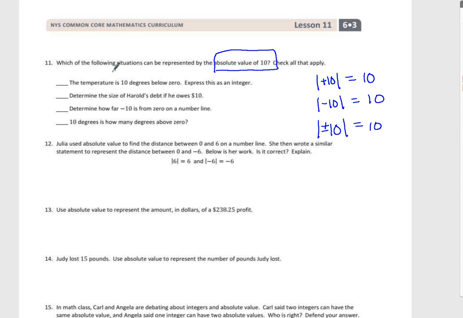So the temperature is 10 degrees below 0. Express this as an integer. That would be like that, right? This one says determine the size of his debt if he owes 10. That would be this way, right? Determine how far this is from 0.